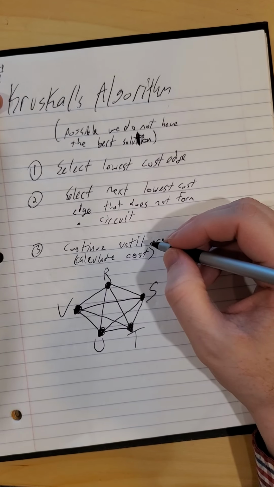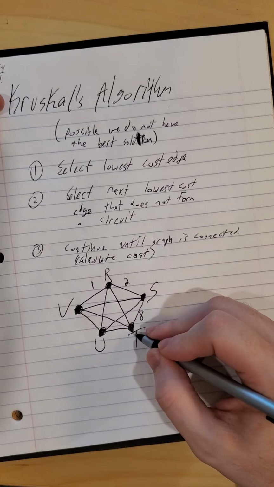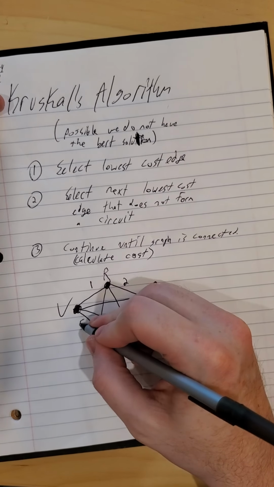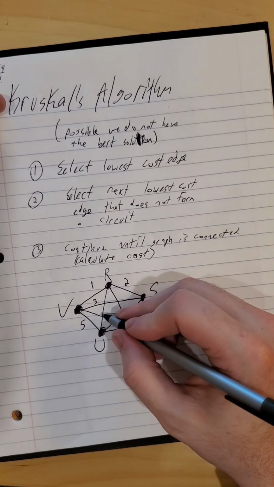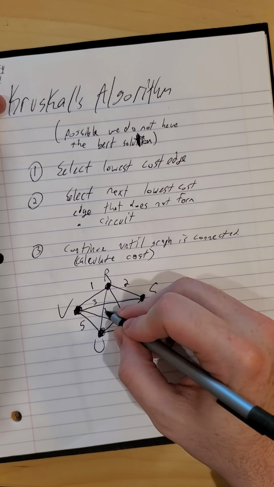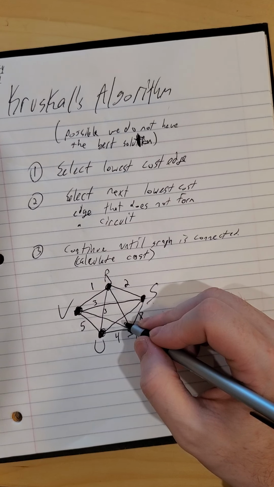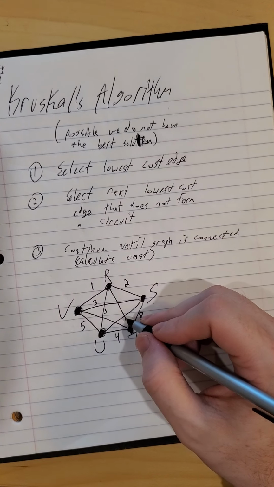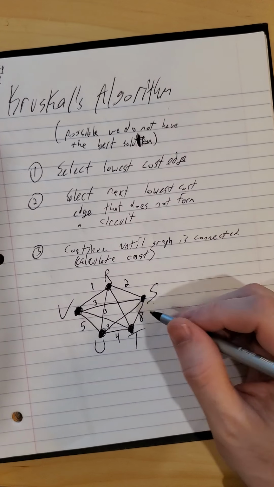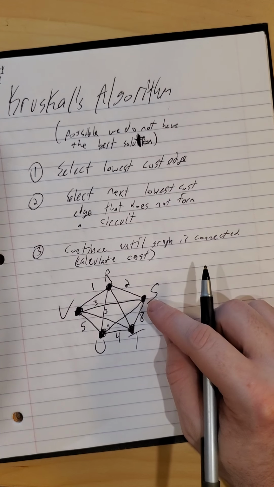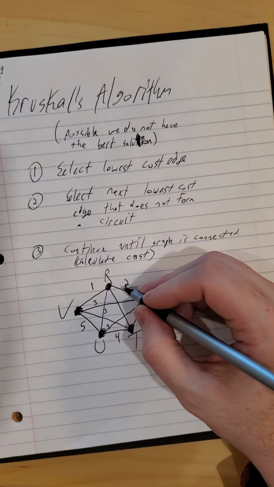So we'll do 1, a 2, an 8, a 4, a 5, a 3, and this one will also be a 3. This one will be a 9, and let's see, who doesn't have a cost? RT doesn't have a cost.